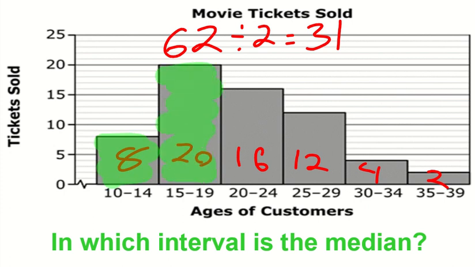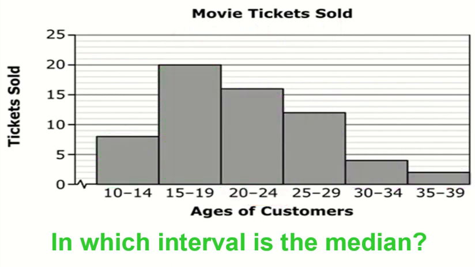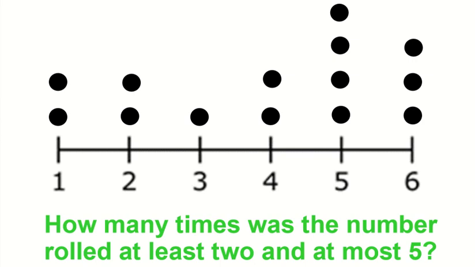Those 2 columns together makes 28. That would mean I need 3 more. If we go at it from the other side, there's 2, that makes 6, 18, and we would need 13 more. So you can see that's the column that they meet in. The interval then, when it asks for interval, is the little range there on the bottom. Any questions on that? I said those are probably a little bit on the trickier side, just because it doesn't give you that exact number.